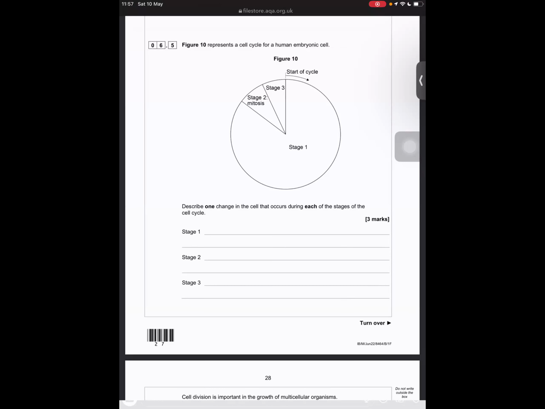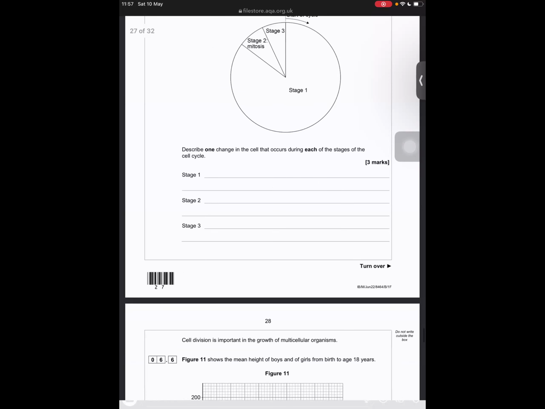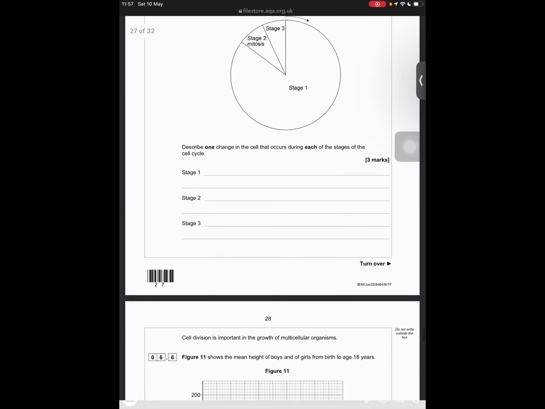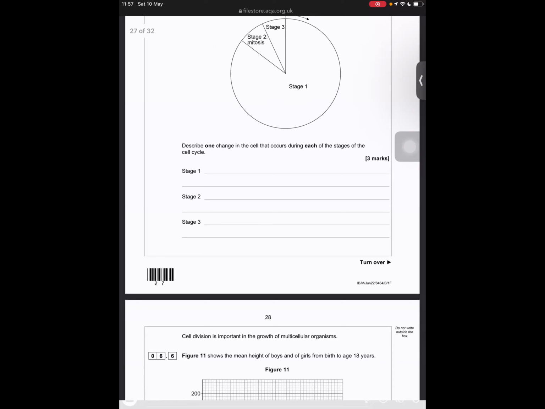Two nuclei form. Stage three, cytoplasm membrane divides. Two identical cells are formed. Okay, that's stage three, right? Yes. All right.